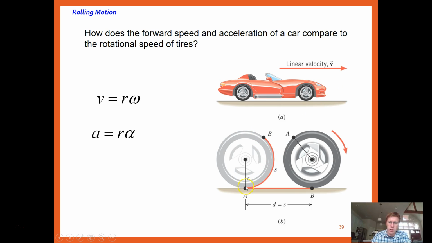The tangential acceleration of the outer edge of your tire is equal to the linear acceleration of the vehicle. So if something is rolling without slipping, important, it must roll without slipping. If this tire is just spinning out, then you can't relate the two. But if it rolls without slipping, the tangential velocity and tangential acceleration of the tire at the outer edge, at the furthest radius, is equal to the linear velocity and acceleration of the vehicle.